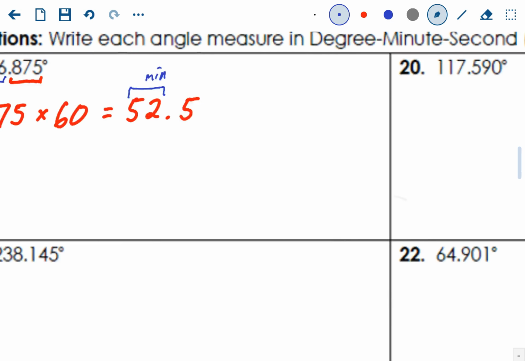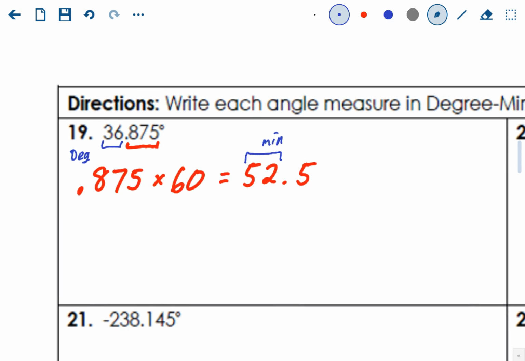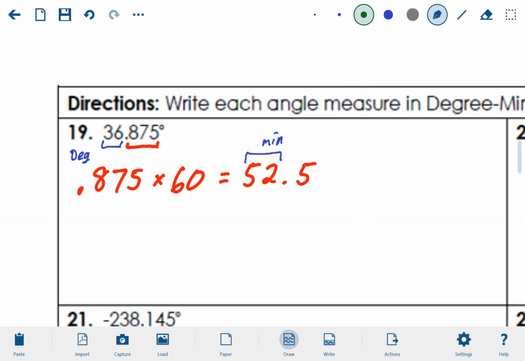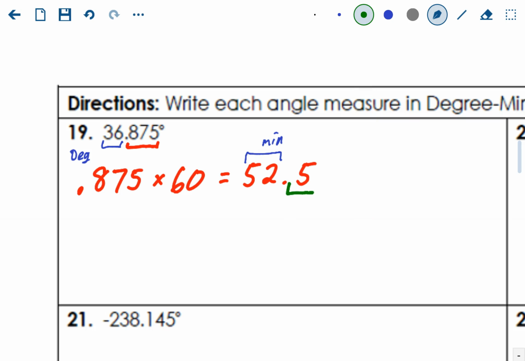And then we need one more. We're going to have to do it again to find the seconds. So we're going to take our new decimal part, which is 0.5, and we'll multiply that by 60, which is 30. And that's going to be our seconds.